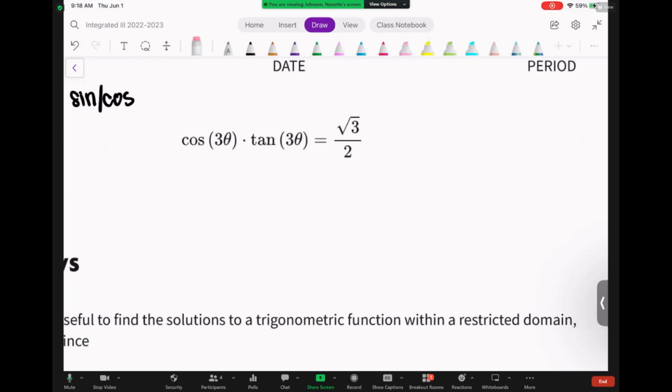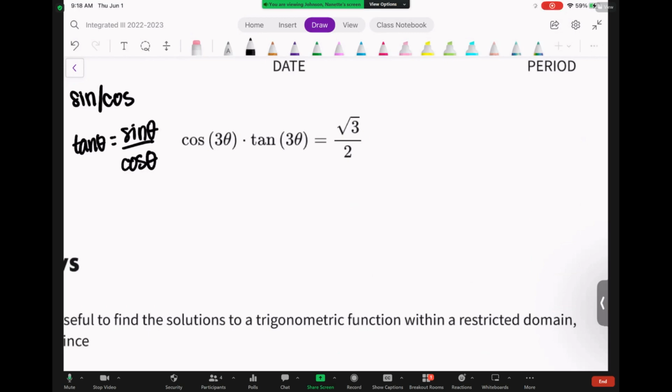With that being said, I'm going to change that tan 3 theta into sine over cosine. So I'm going to use the identity that tan theta equals sine theta over cosine theta. Now you're saying, but Miss Johnson, that's 3 theta. Good. So that would be tan 3 theta equals sine 3 theta over cosine 3 theta.